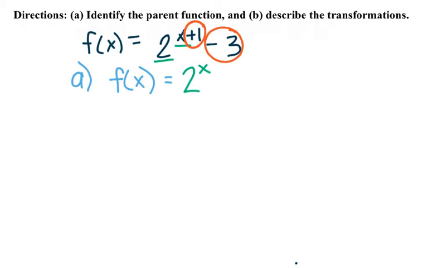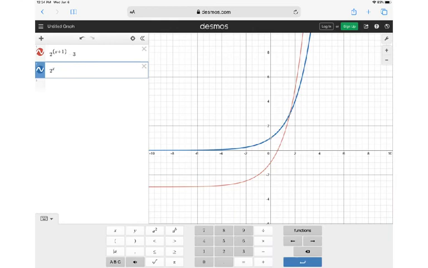Okay, so what I'm going to do is graph the parent function and the ending function in Desmos really quick, and I suggest you do it with me. So let's pause the video and try and graph them in 1, 2, 3. Okay, so hopefully that was enough time. So the one in blue is your parent function, and the one in red is your ending function.